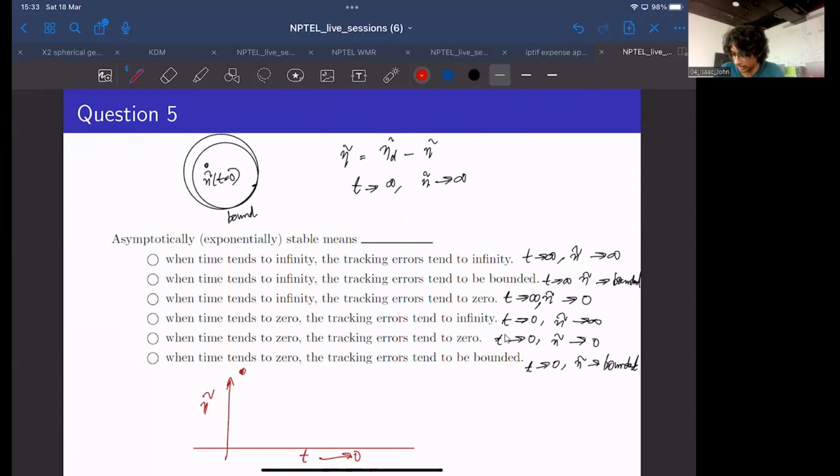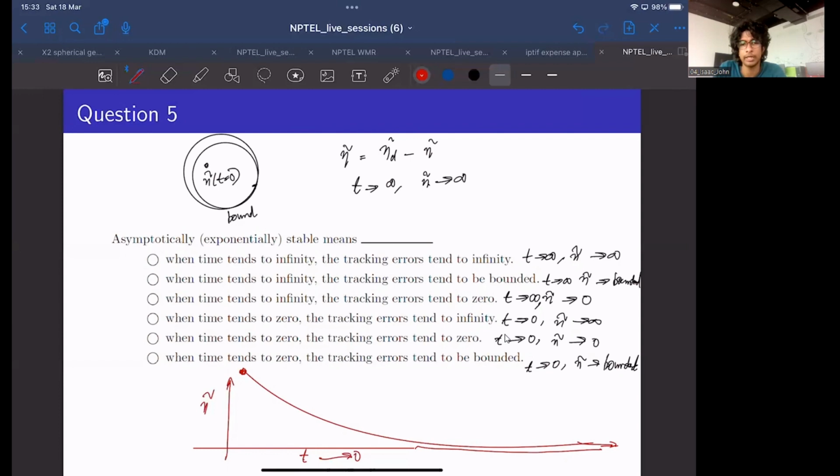But consider we are beginning from a case where the initial conditions are non-zero. As time tends to infinity, the error asymptotically tends to zero. That is the definition of asymptotic stability: as time tends to infinity, the tracking errors tend to zero.